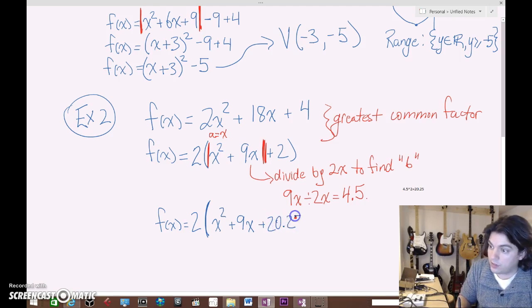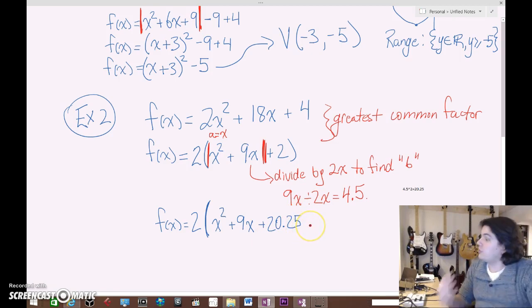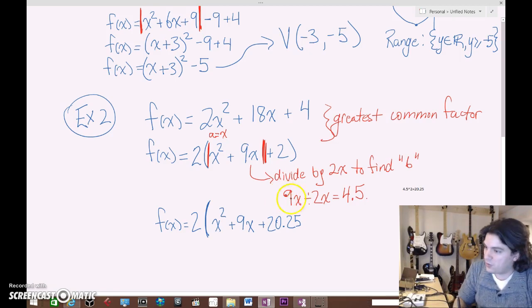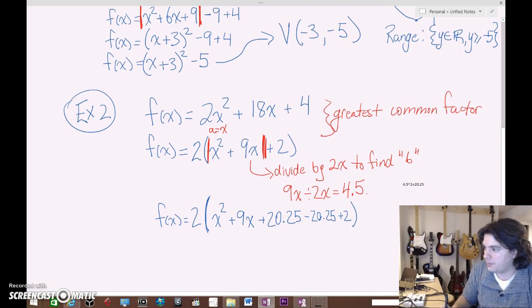Now, as soon as I add 20.25, to make sure I haven't changed the equation, I have to subtract 20.25. So we do that here. And then I also need to make sure I don't ignore this number here that was there to begin with. So I'm going to put plus 2 as well. And we close that bracket.